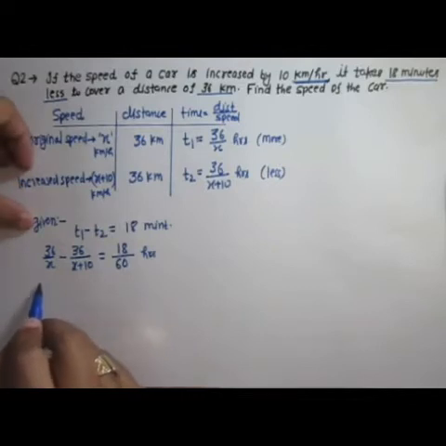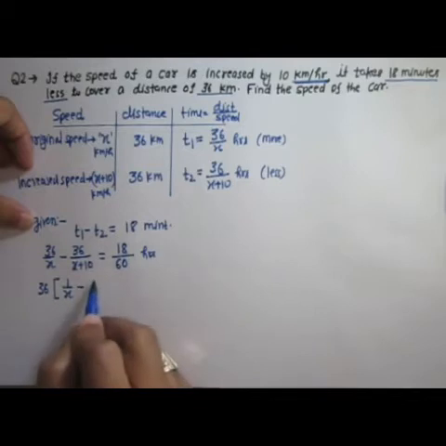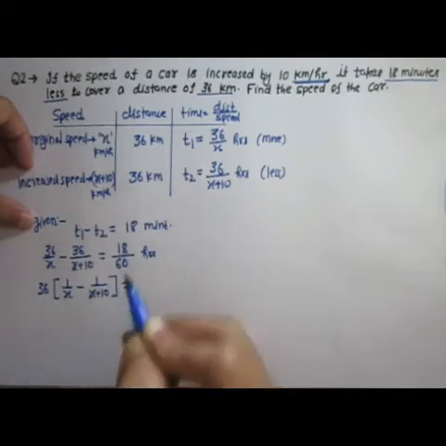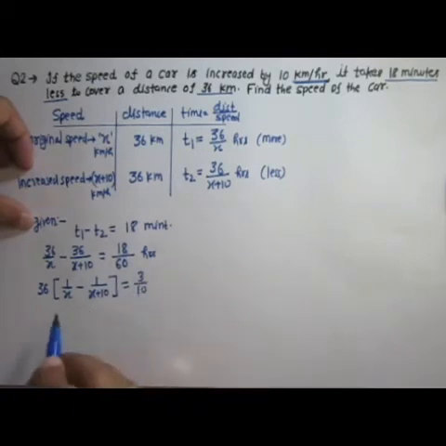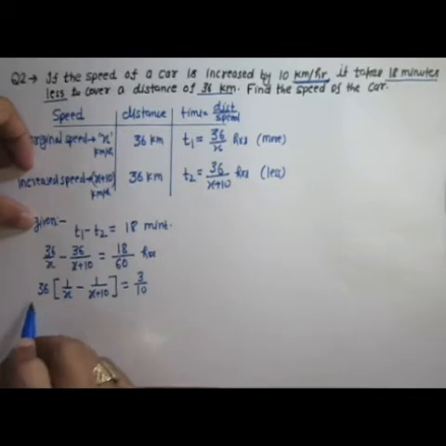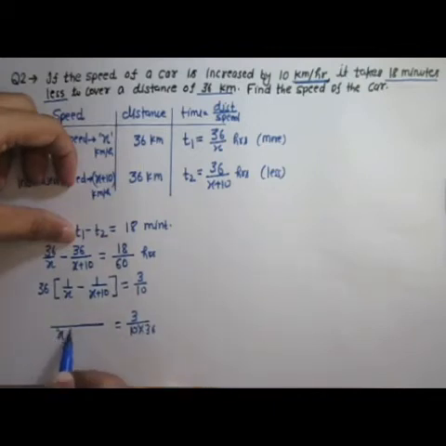So taking 36 common, we will get 1 by x minus 1 by x plus 10 is equal to, now it is 6 3s and 6 10s. So shift this 36 to the left side, 3 by 10 into 36, and here the LCM will be x into x plus 10.